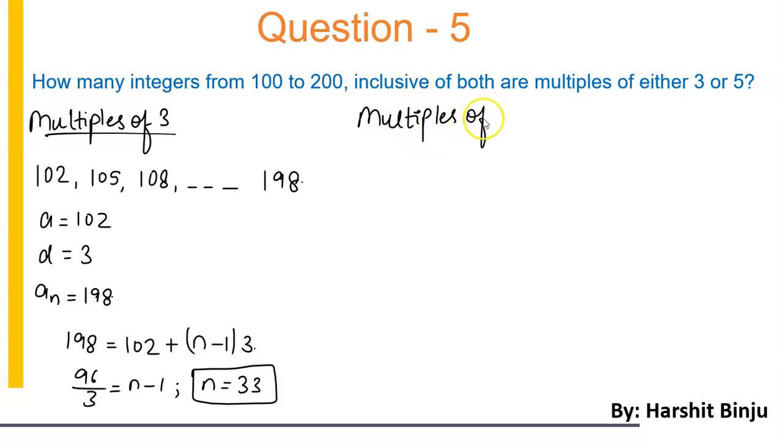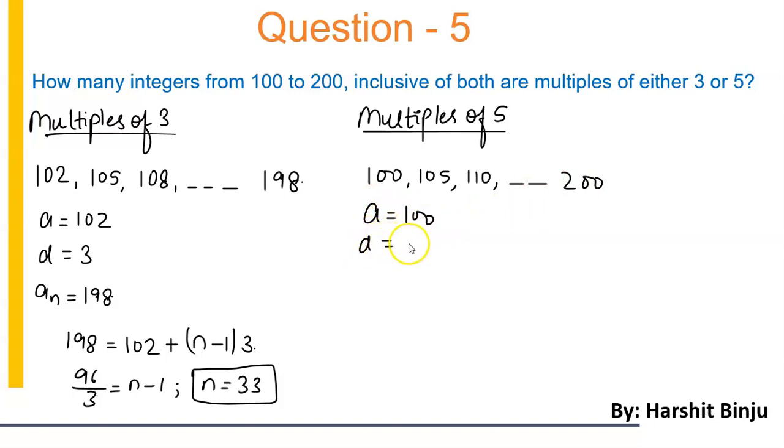Next is multiples of 5. So in this case you'll be starting from 100, 105, 110, and you go up to like 200 because it says inclusive of both. So I'll take 100 as well as 200 both into consideration. So you're gonna have A, which is 100.